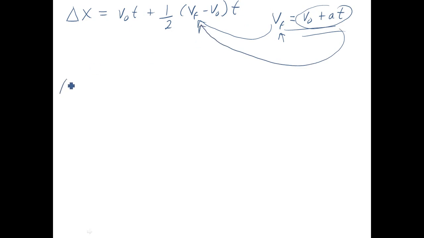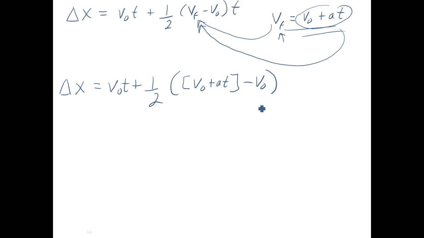So here we go. Delta x is equal to v naught t, sorry, forgot the t, plus 1/2, and it's going to be v naught plus at minus v naught. Simple as that. And again, here's my t.